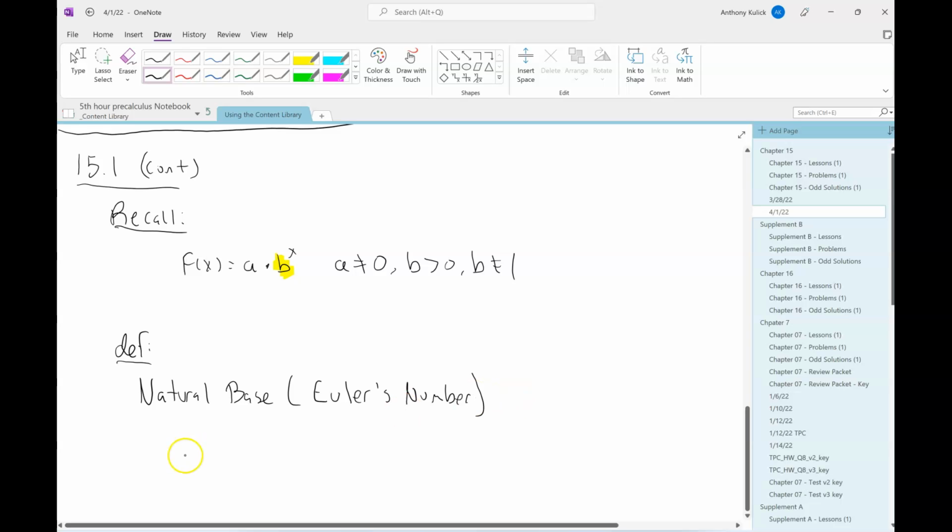We denote that number with the letter e. Those of you that remember your Algebra 2 from last year, that should look familiar. The definition for e is the limit as x approaches infinity of (1 + 1/x)^x.